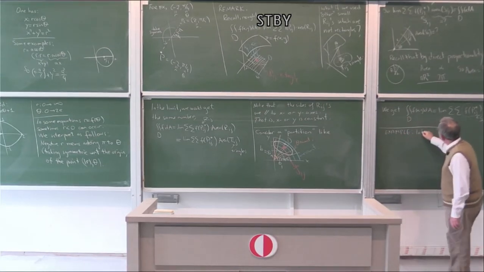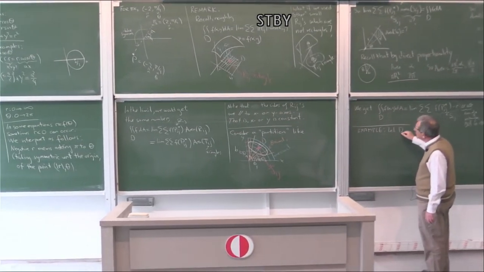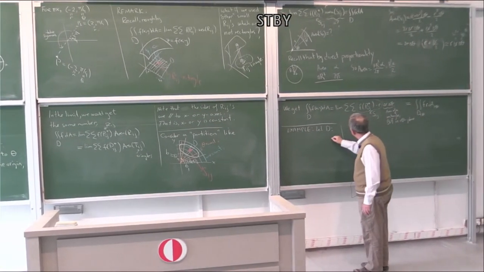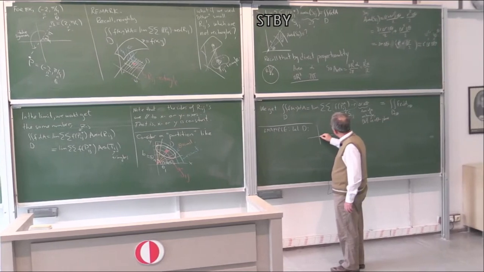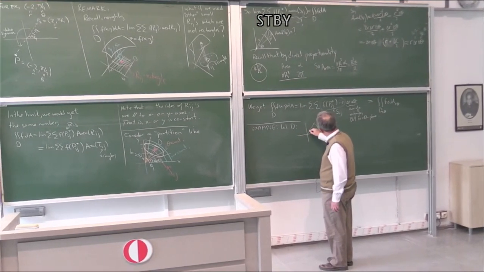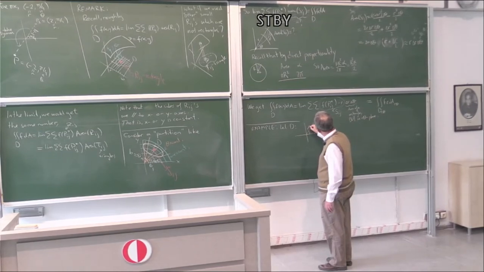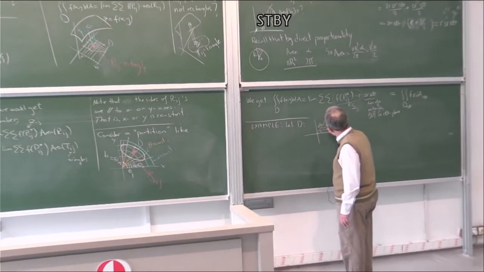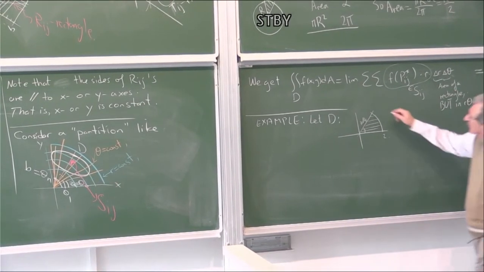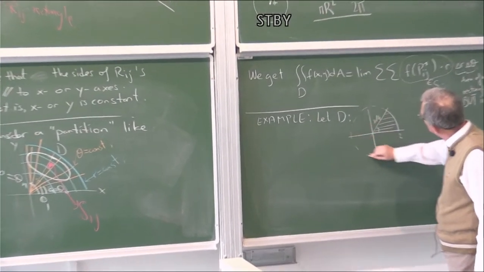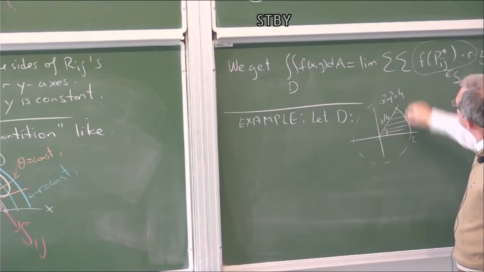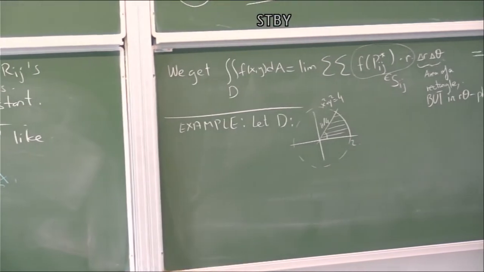Let D, which is actually D_xy, be the following. Suppose it is something like this. It's a wedge. This is, of course, a circle of radius 2. So this is our D now.